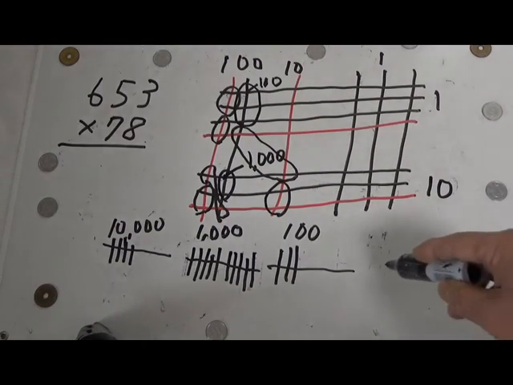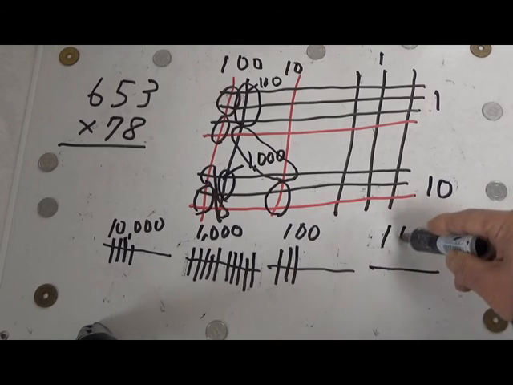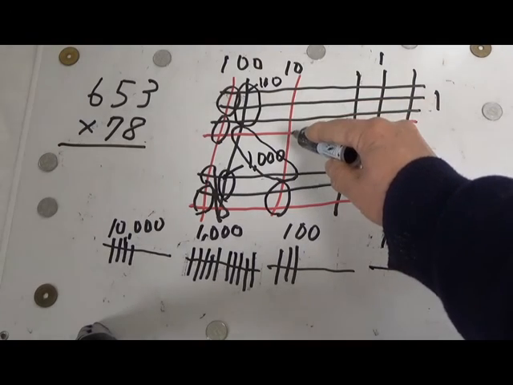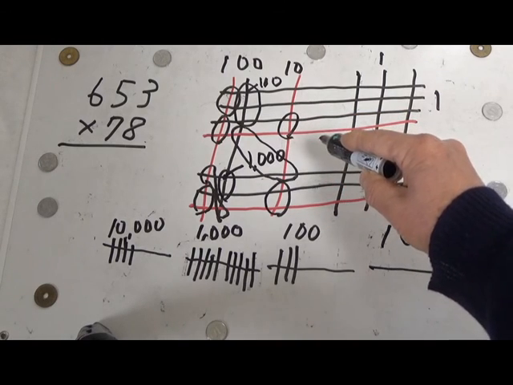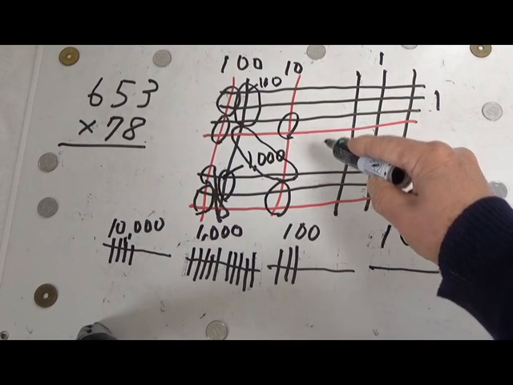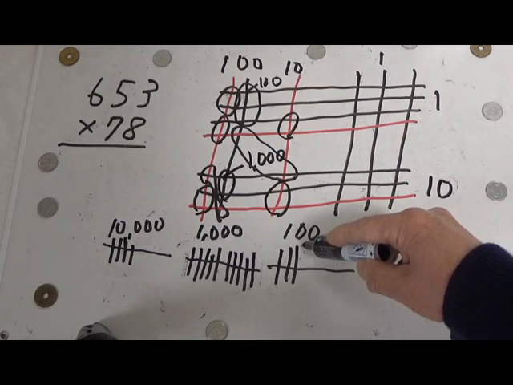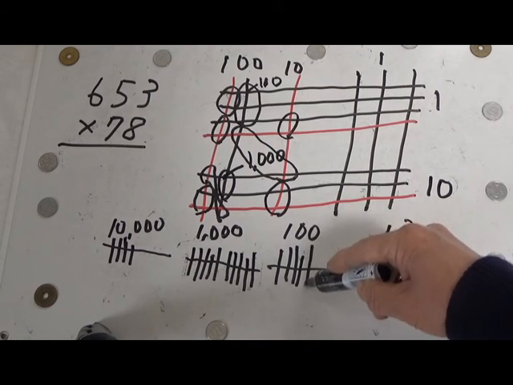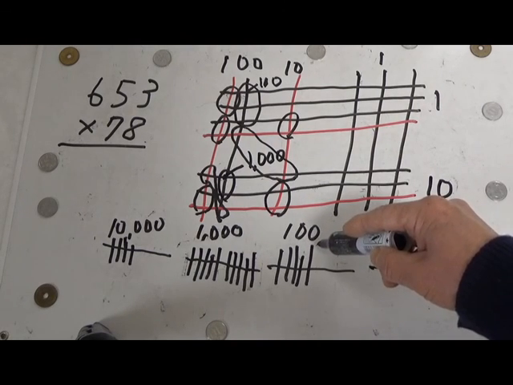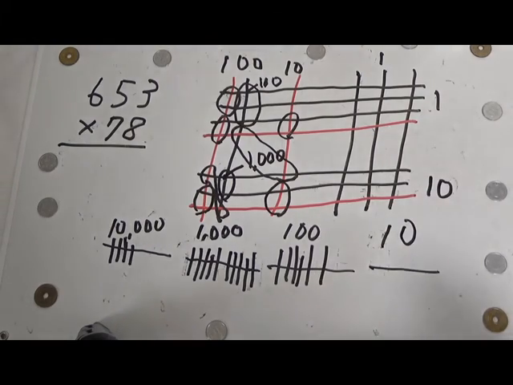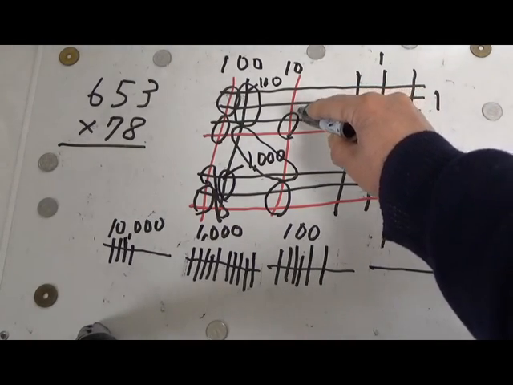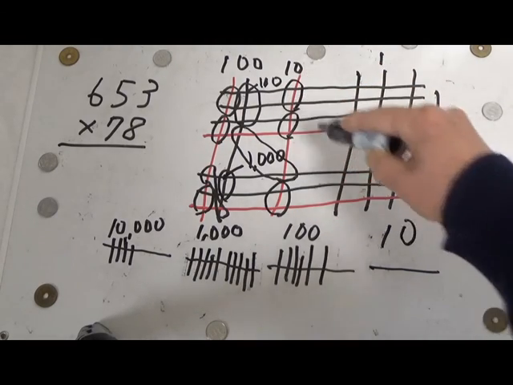Let's move to the order of 10. This is 30 times 10. And this is 10 times 10.